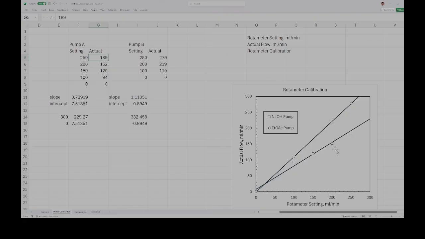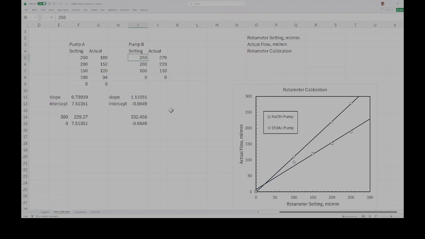For the sodium hydroxide pump, we see that the flow meter reading, although it is fairly linear, has a significant difference between the actual flow and the reading on that flow meter. We did the same thing for our ethyl acetate pump, and we find that its flow rate is slightly higher than what we see on the rotometer.